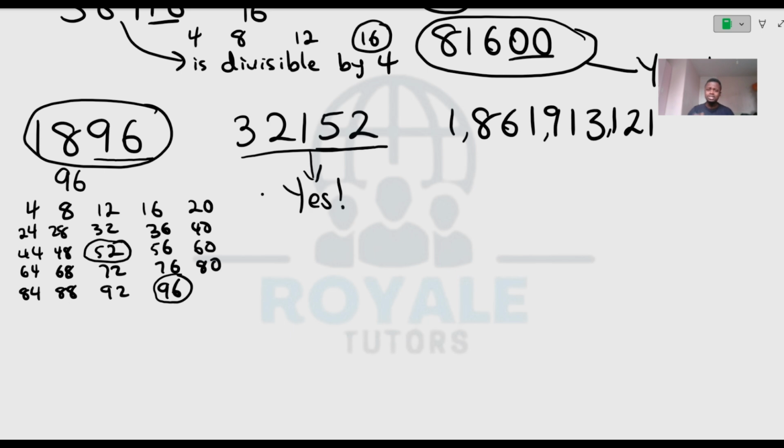Are we going to start counting in fours till we get to billions? But because we have the divisibility rule, we can easily do it. Come to the last two digits, which is 21, and check, is 21 divisible by 4? From what we've counted earlier, you could see that there is no 21 here, which means that as big as this number is, we can tell that it is not divisible by 4.